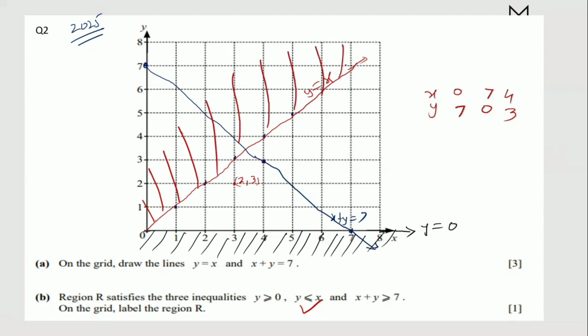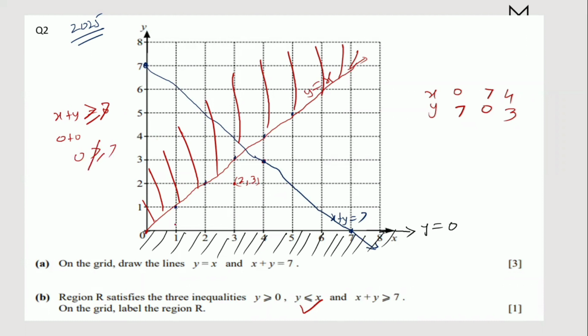We are left with the third line, which is x plus y is equal to 7. Now for x plus y is equal to 7, let us take the point 0, 0. So if I put x is equal to 0 and y is 0 in the inequality x plus y is greater than equal to 7, is 0 greater than equal to 7?